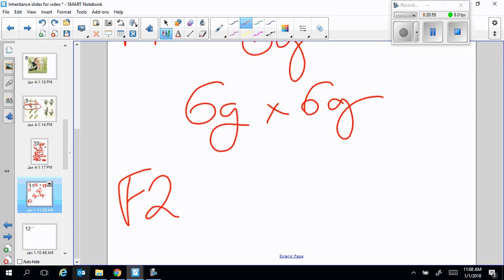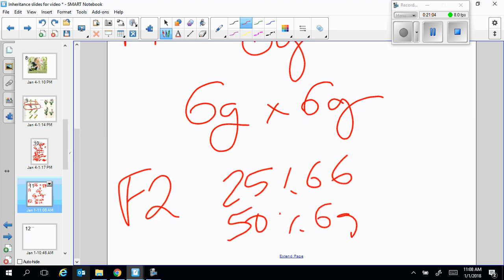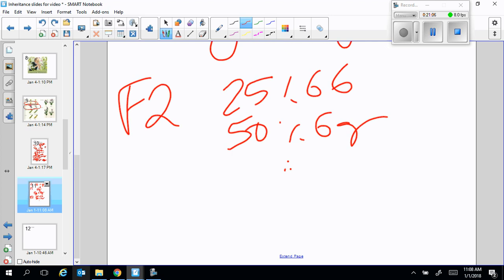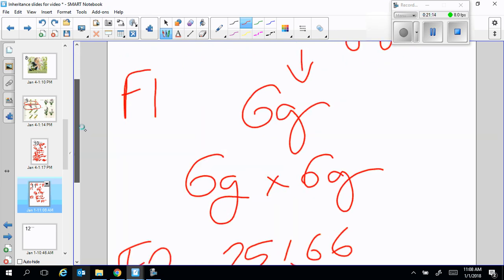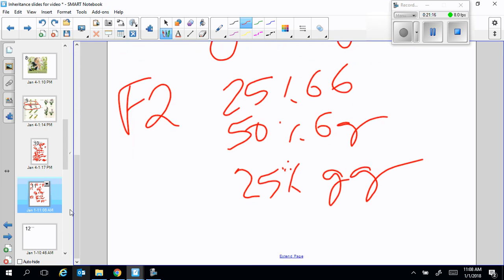I'm going to have 25% big G, big G. I'm going to have 50% big G, little g. And I'm going to have 25% homozygous recessive. So there we go with an example of the P, the F1, and the F2.